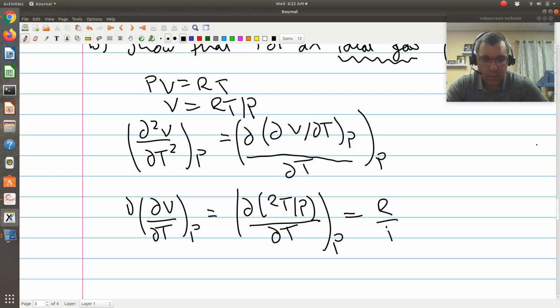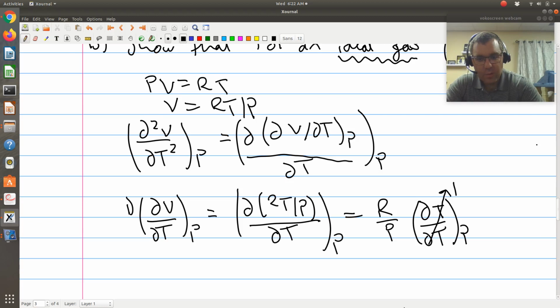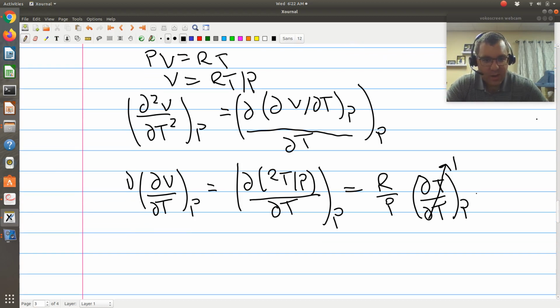So this is R over P times the derivative of T with respect to T, which is just 1. And so we're left with dV/dT at constant P equal to R over P.